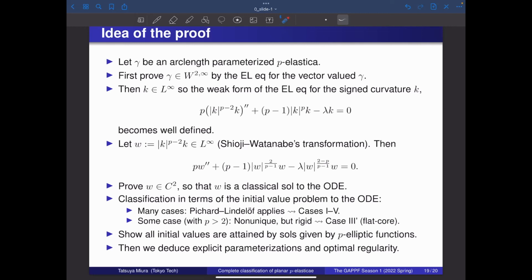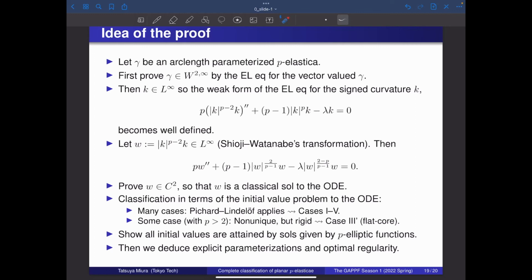So up to here, we have classified all the possible solutions to the ODE. And finally, after somewhat independently introducing our p-elliptic functions, we show that all the initial values in this problem can be attained by some solutions given in terms of our p-elliptic functions. This way, we assert that any solution is represented by p-elliptic functions.